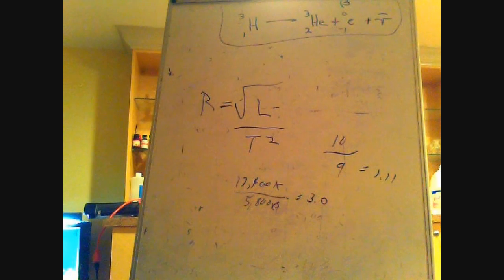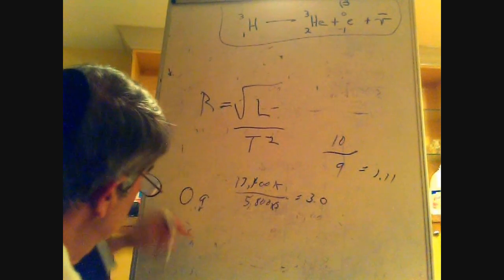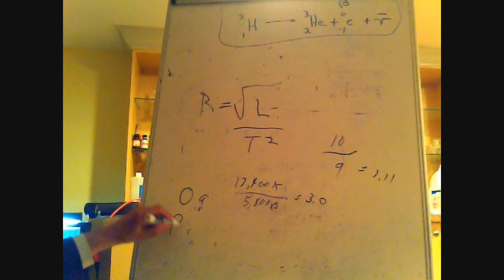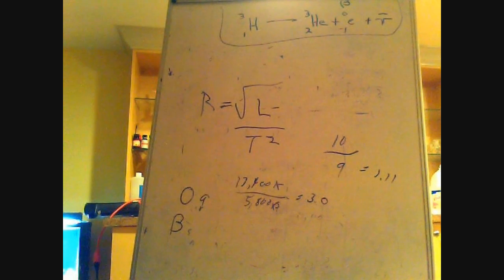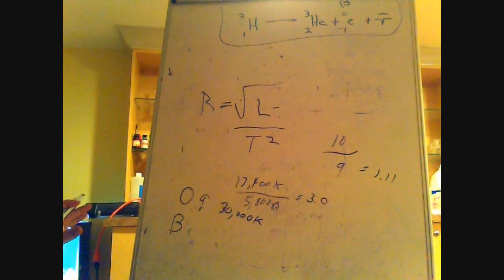Another thing you should understand about the O, B, A, F, G, K, M scale I had before is that there are also numbers that follow it. Frequently when you see a star, it might say O9, and you'll get numbers from 0 to 9. So it's a 10-point scale. It's just a designation that indicates that the lower the number, the hotter the star is. So if this is 30,000 Kelvin, that's kind of the top of that scale, and then a B star at 20,000 Kelvin.